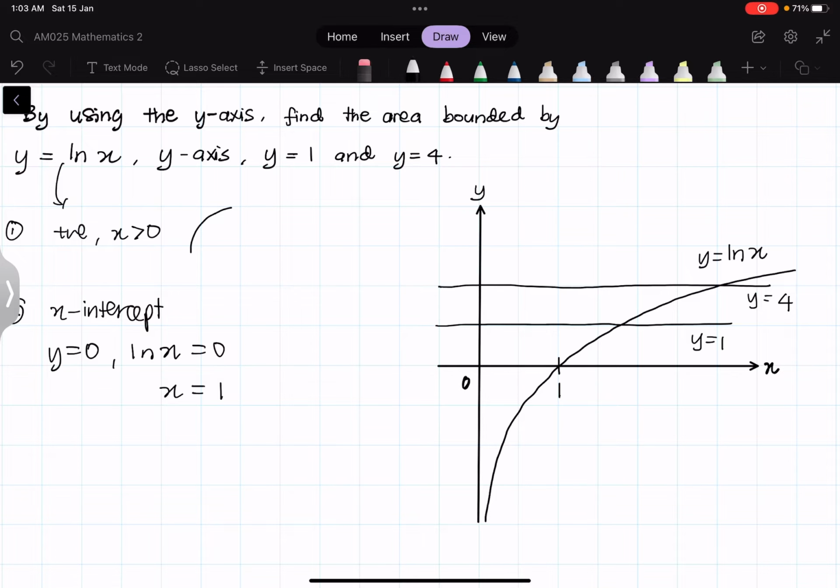And the region must be enclosed by all four conditions: the curve, the y-axis, y equals 1 and y equals 4. So this is the region.